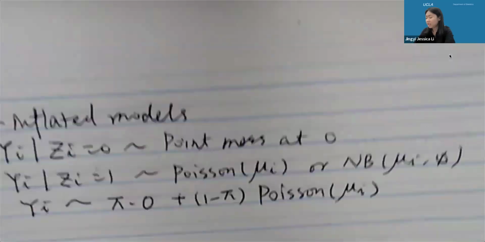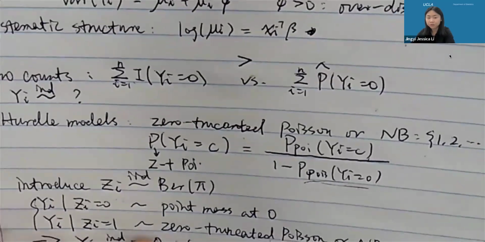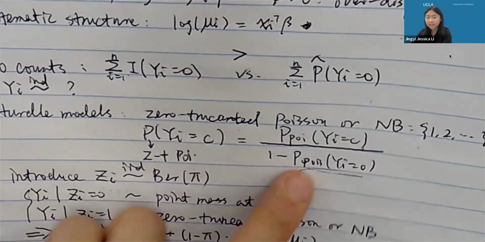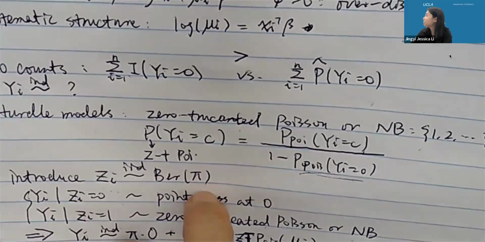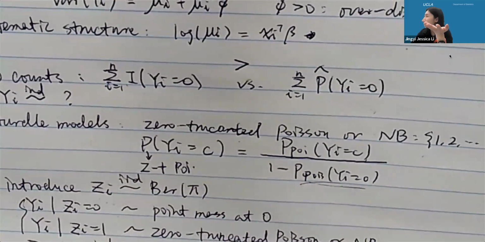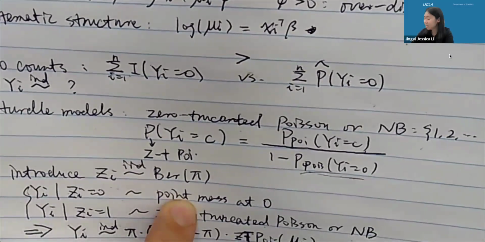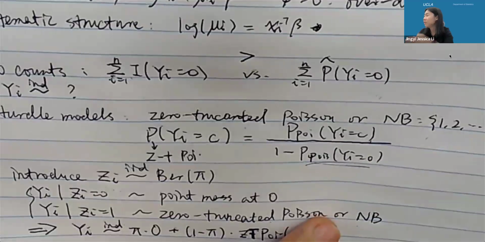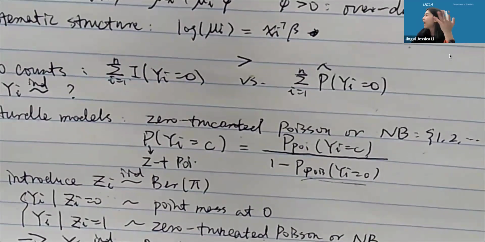One thing that's different about the hurdle model, coming back, is that if you set this pi to be less than this probability, you may end up having fewer zeros. So you can actually get fewer zeros, not just excess zeros, because all the zeros come from this point mass. It doesn't come from Poisson or negative binomial. So you can go down, not just up. But for zero-inflated, you have to go up.